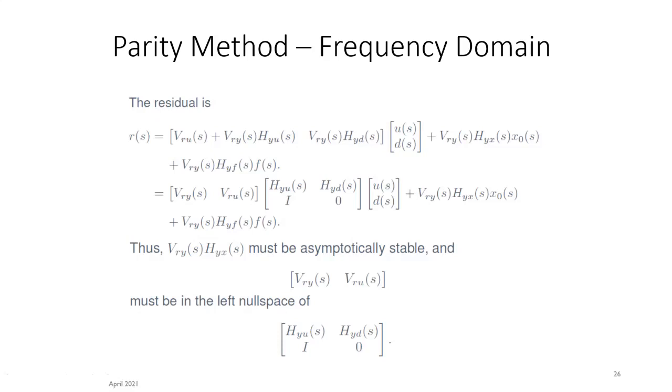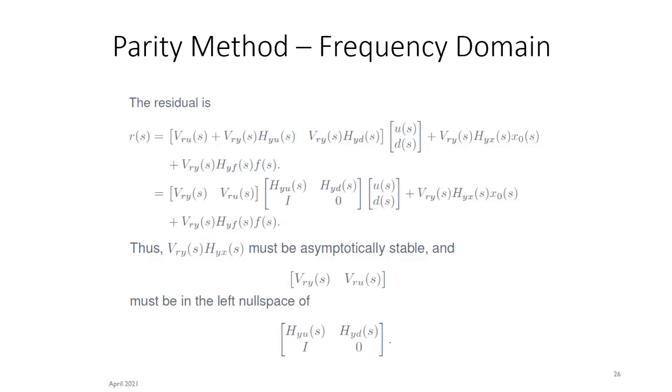So again, we are using more or less the same concept, the same trick that we had, using the left null space. So we're selecting from these degrees of freedom that we have from the left null space of this matrix, which guarantees that this term will be eliminated. But this time, you should notice that the matrices we have are not constant matrices. They are matrices that are functions of s, Laplace s.